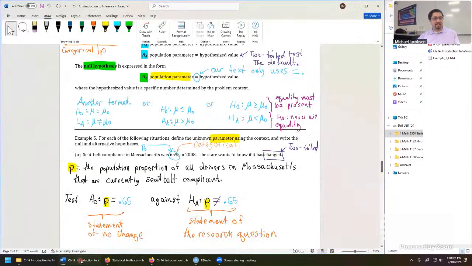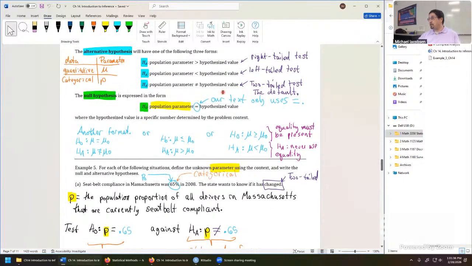A lot of stuff. So let's go through this kind of carefully. We are defining a null hypothesis, which is a statement or a claim of no change in the population, and an alternative hypothesis that has three different kinds of forms, which is the competing claim, the claim that the researcher is usually trying to find evidence in favor of.